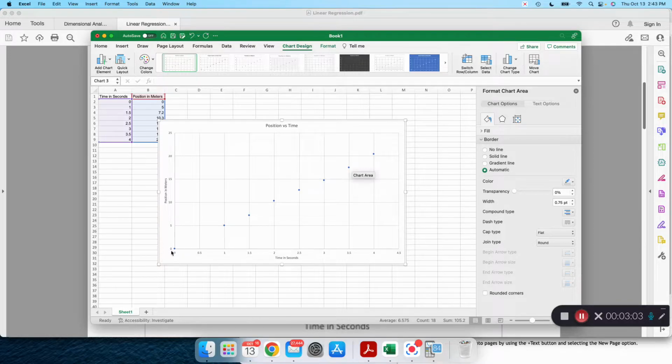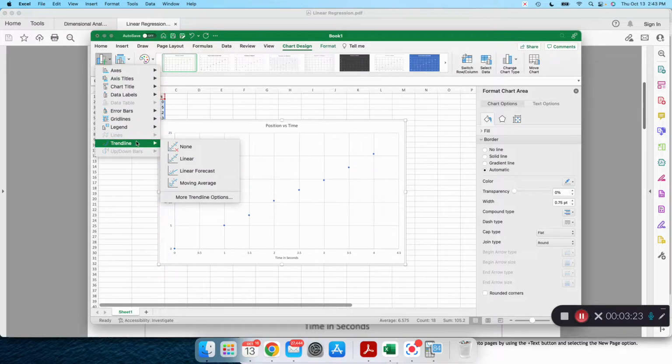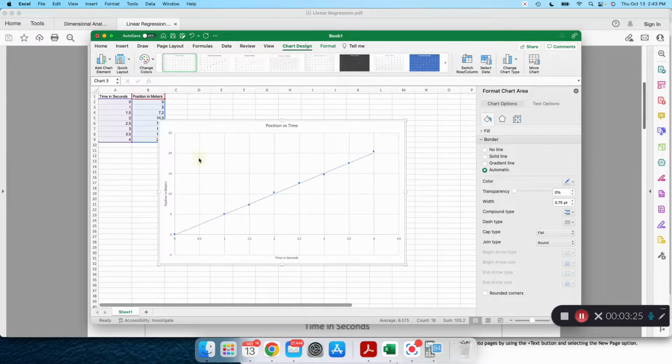Now our goal was to find the equation of the line that best fits this data. And Excel will do that for us. I can come here and go to Add Chart Element, go to Trend Line, and hit linear.